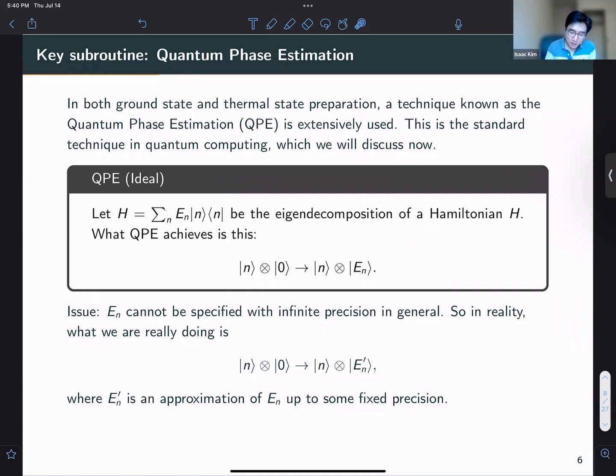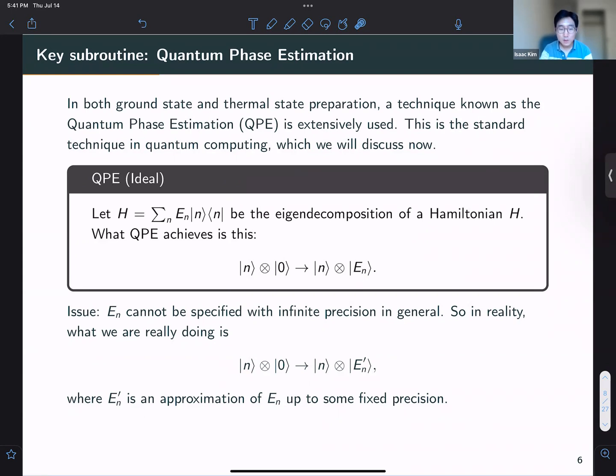Obviously you cannot write down an infinite precision number on a finite dimensional quantum state. Especially if you only have a finite number of qubits, you cannot hope to write down En very explicitly. So when I wrote this down, what I really mean is that I'm essentially trying to find a unitary transformation.